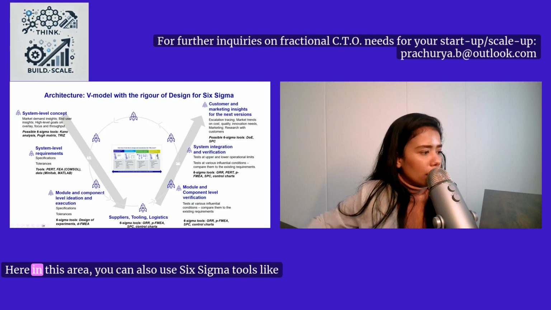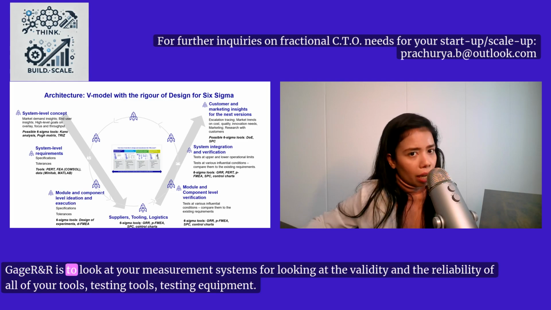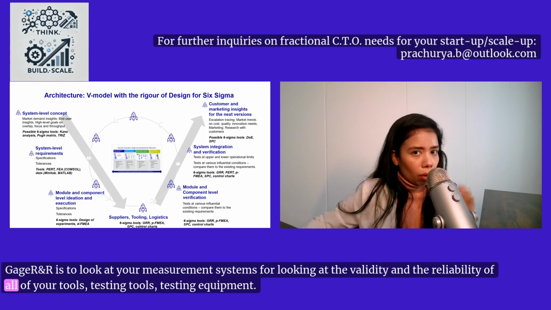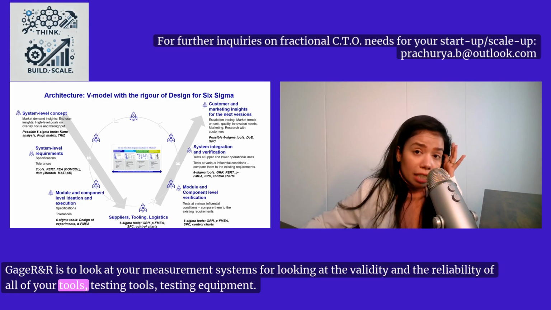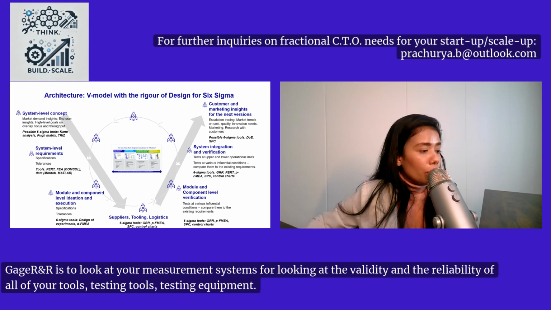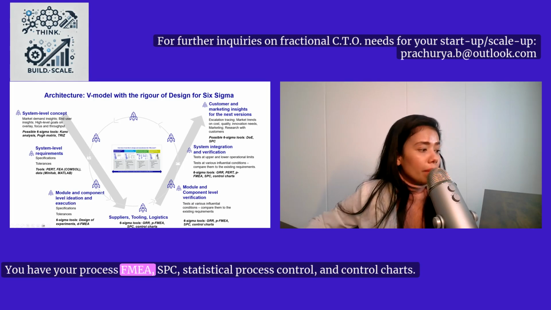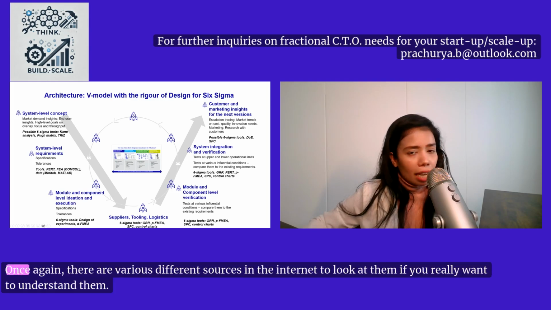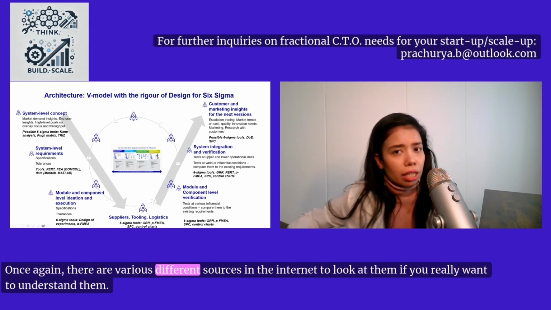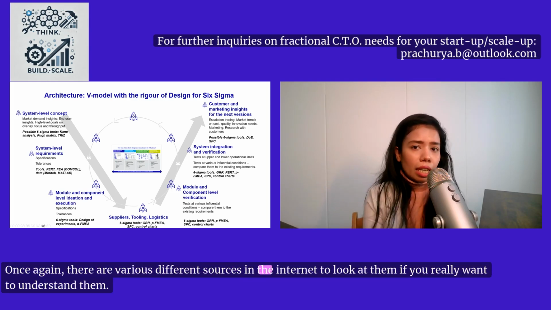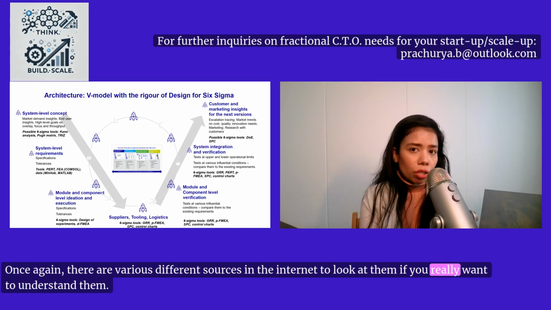Here in this area, you can also use Six Sigma tools like Gauge R&R to look at your measurement systems for the validity and the reliability of all of your testing tools and equipment. You have your process FMEA, SPC, statistical process control, and control charts. Once again, there are various different sources on the internet to look at them if you really want to understand them.